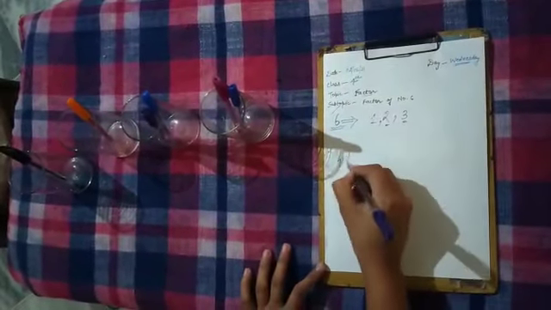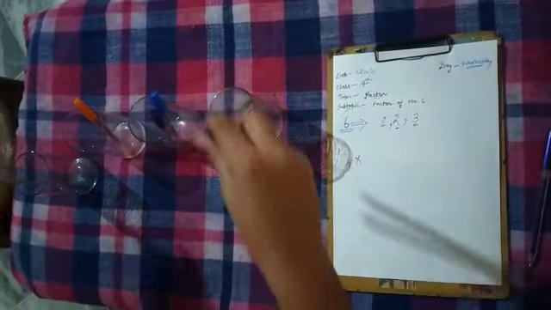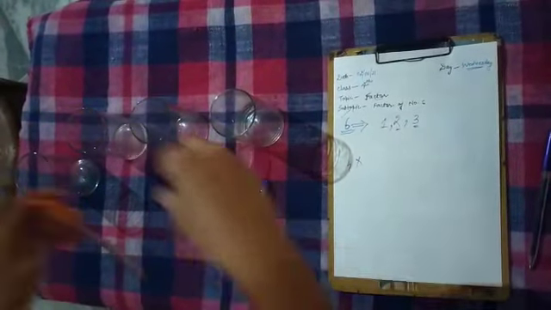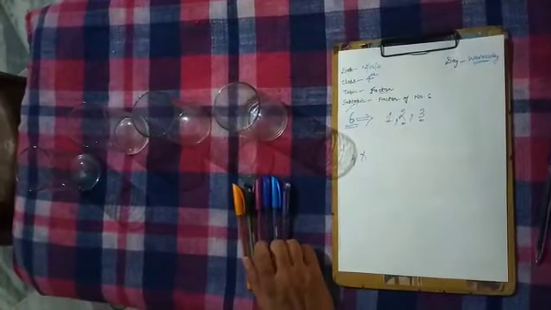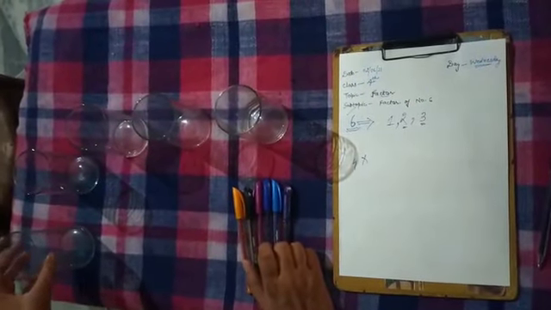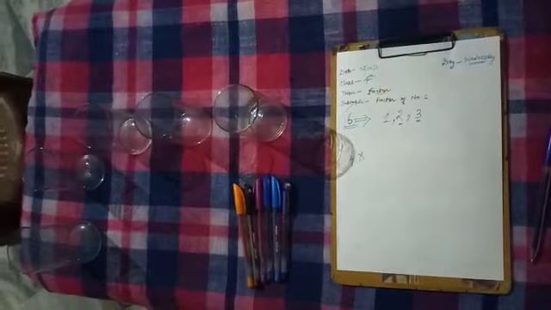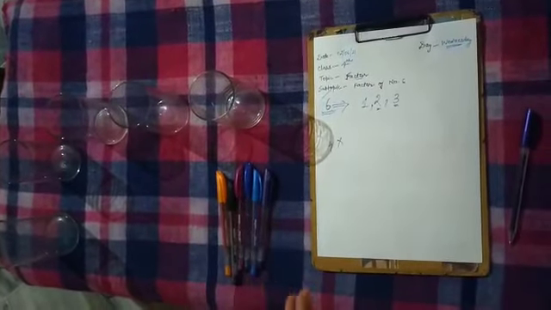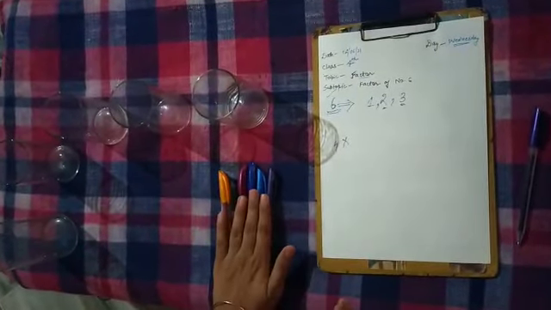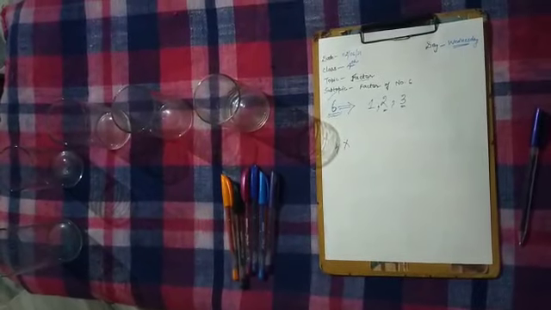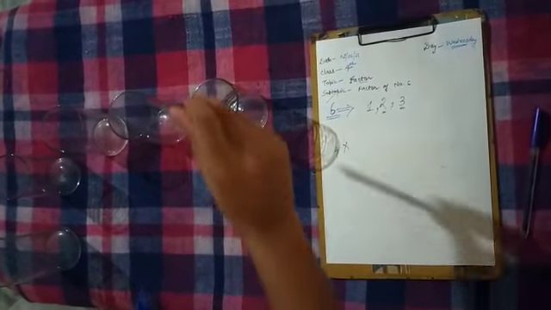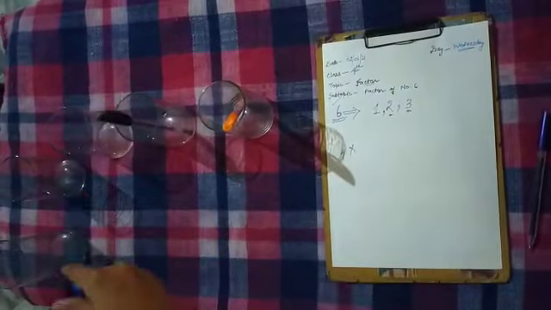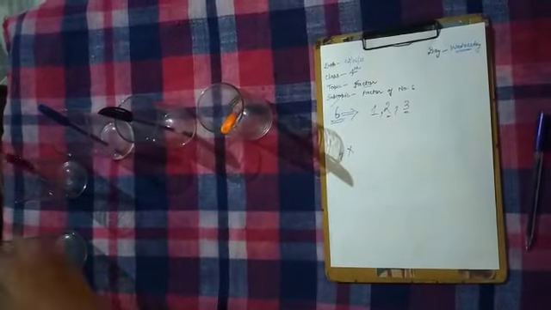Next, we do the same procedure for number 5. For 5 we will take 5 glasses, and divide all these 6 pens into 5 glasses. One in the first glass, second, third, fourth and fifth.